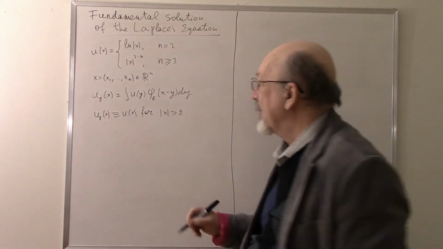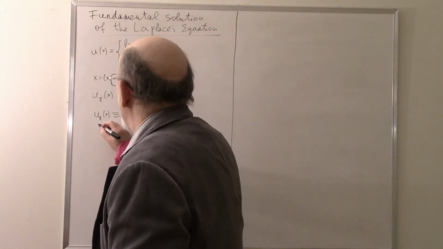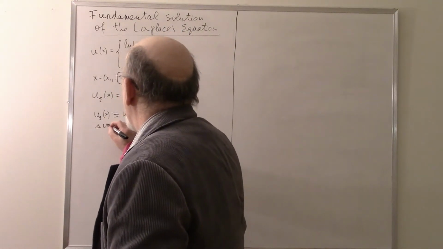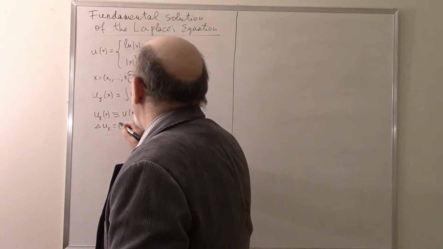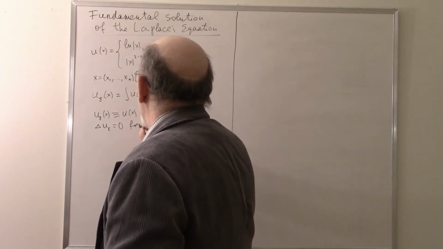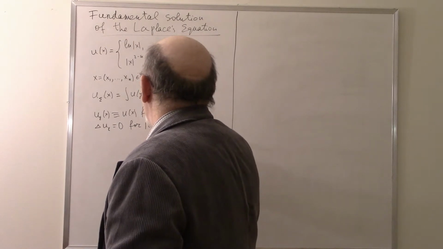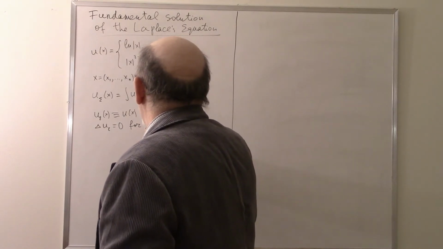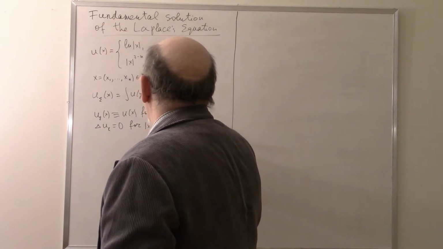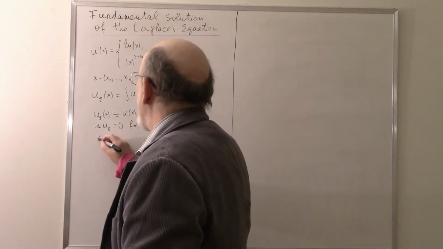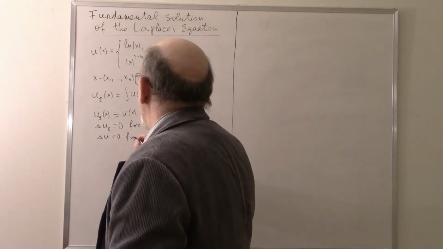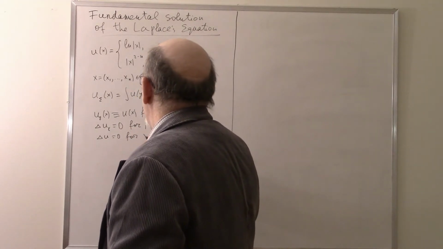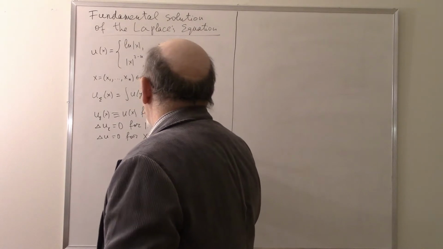This is one thing. And the Laplacian of u epsilon equals 0 for modulus x more than epsilon. And correspondingly Laplacian u equals 0 for x different from 0.